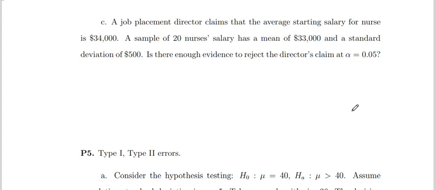Okay. So this one is quite the same problem. We use alpha 0.005 to judge whether the claim is true or not. The claim is that the average salary is this. But from our sample, we find this average.